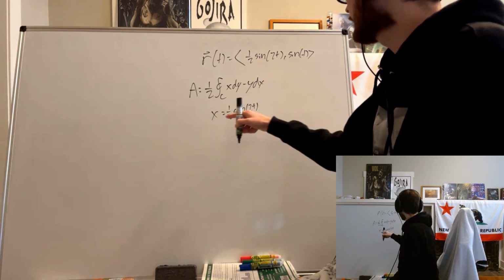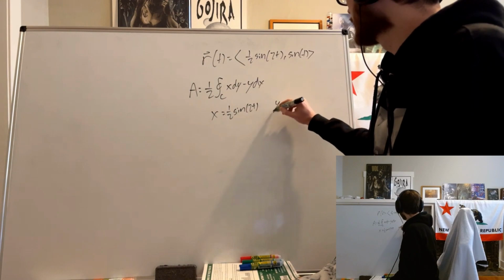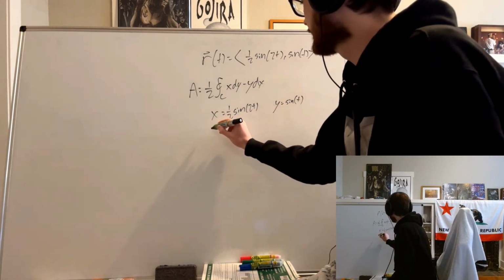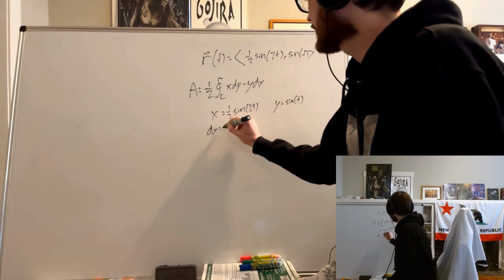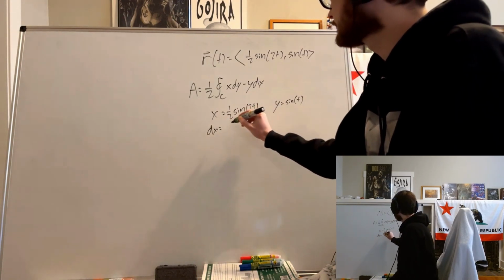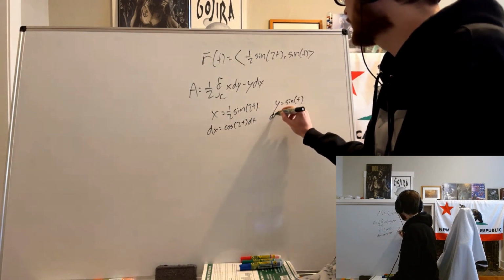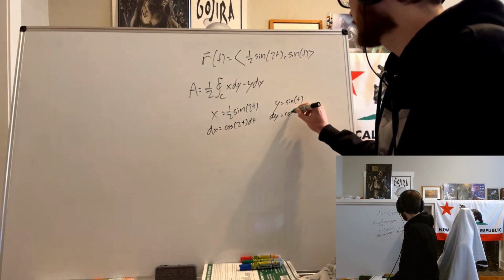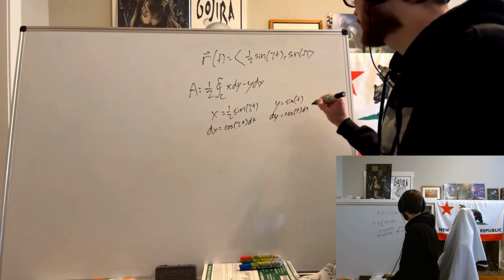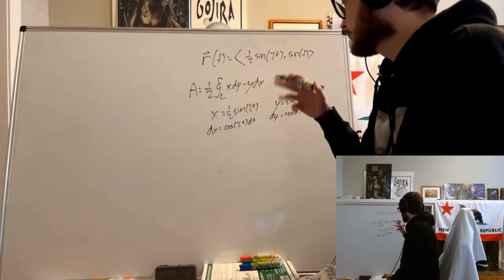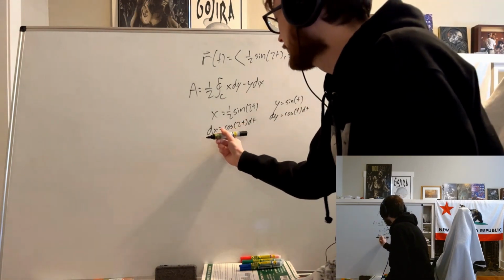So we need to find dx and dy here as well. dx is equal to cosine 2t dt, and dy is equal to cosine t dt. And to get rid of the 1/2, we could multiply by 2 and do 0 to pi, I guess.